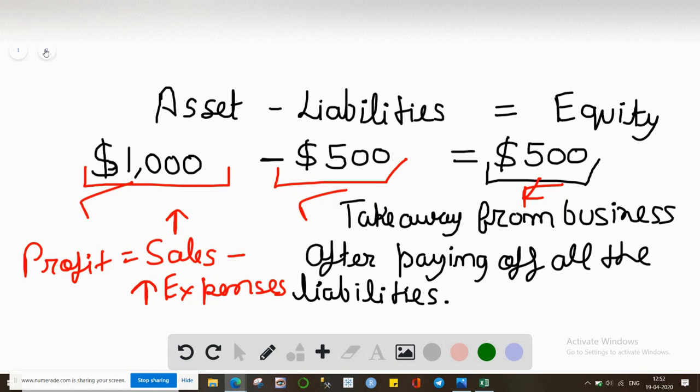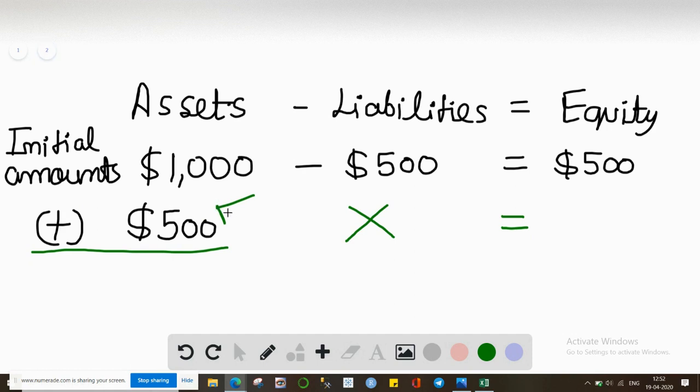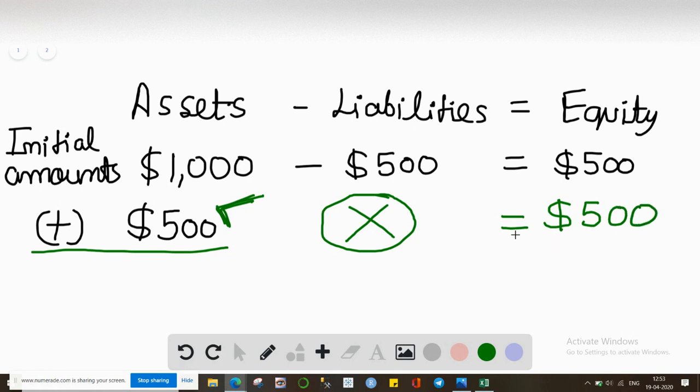Likewise, if there is an increase in sales, the equity part, which is your takeaway after paying off all the liabilities, will be greater, because you have made more sales than before. It is very obvious, right? So your $500 will be added here to your takeaway.